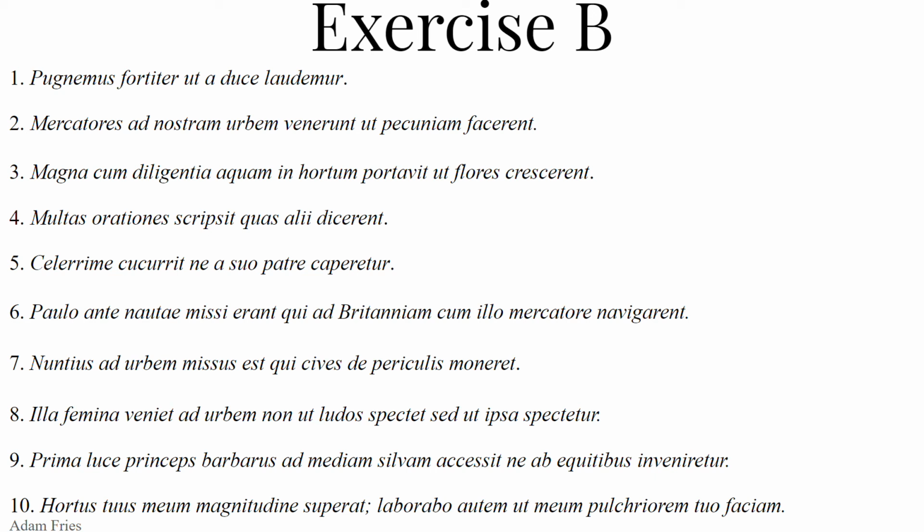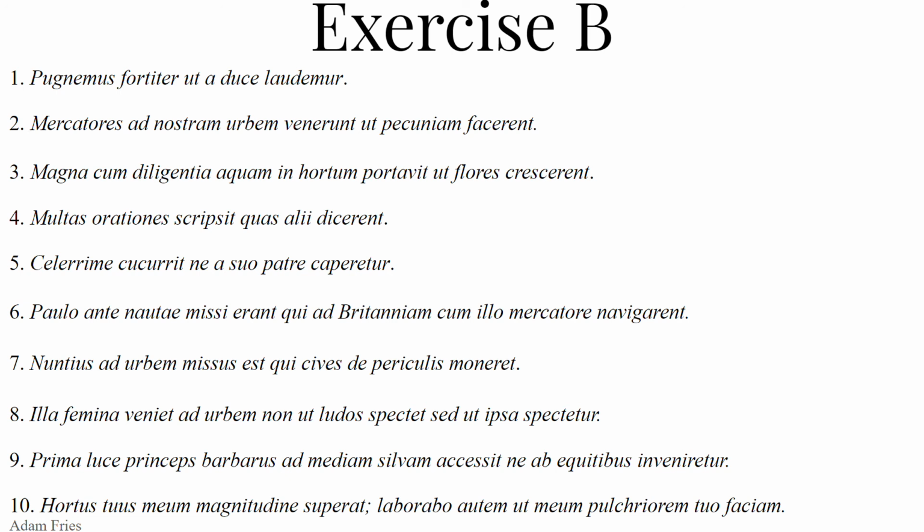So that your garden may be better than mine in size, but I will toil so that meum pulchriorem tuo faciam. Faciam is our verb. We have laborabo, that's going to be our introductory verb, introducing the purpose clause.